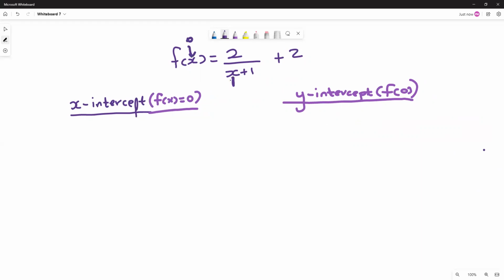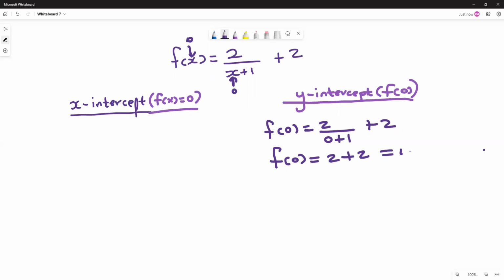So we have f at 0 equals 2 over 0 plus 1, then plus 2. Then f at 0 equals 2 plus 2, which is 4. So when x is 0, y is 4. So your intercept is going to be 0, coordinate 4. That is your y-intercept, right?